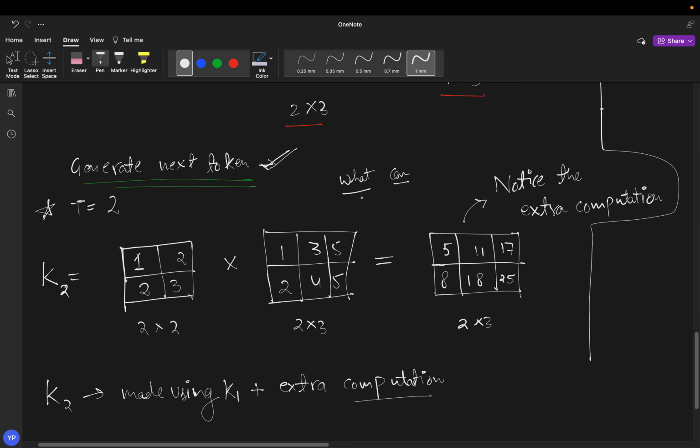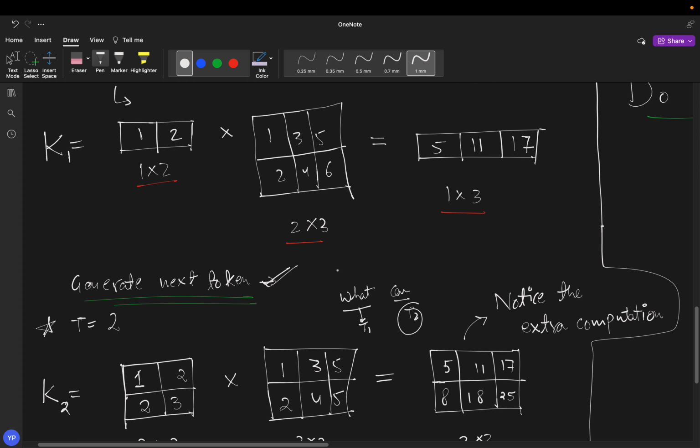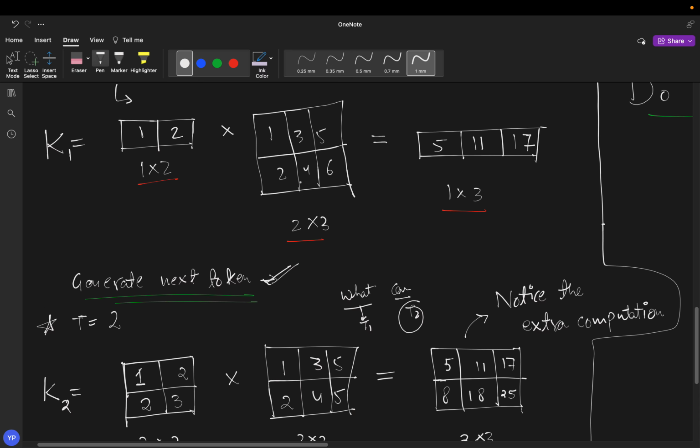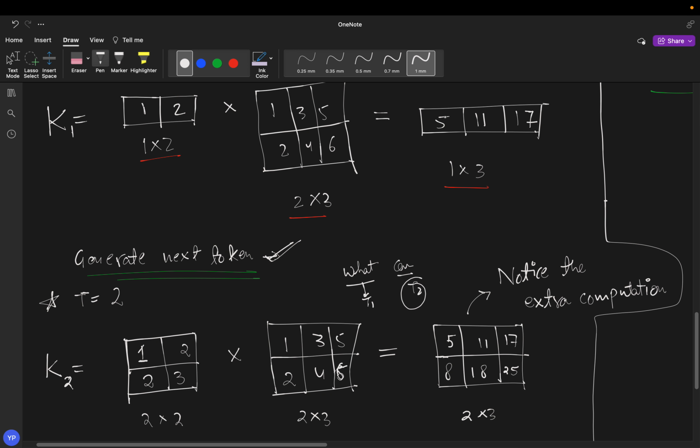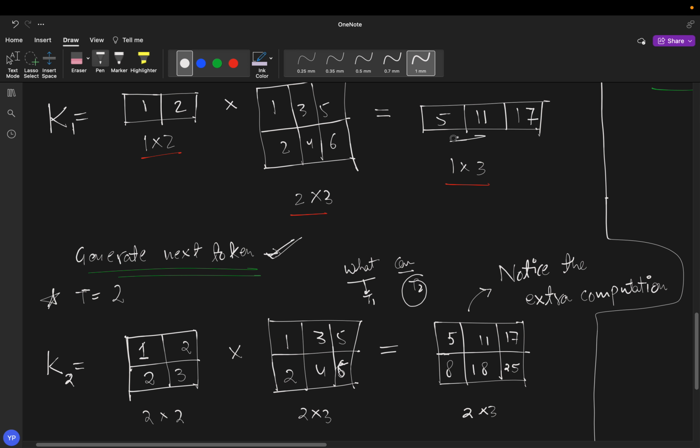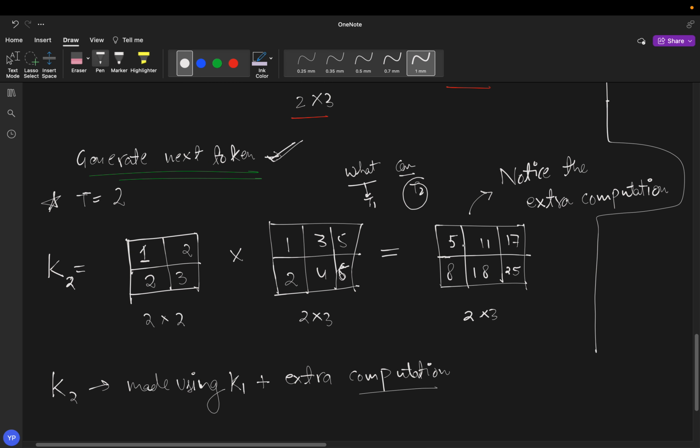So this is token 1, this is token 2, this is the embedding of token 2, and the WK remains the same. There should be a 6 as well. Now the computation happens again, and if you notice, this particular row, 5 11 17, remains the same; the only catch here is we get a new row attached in the K.